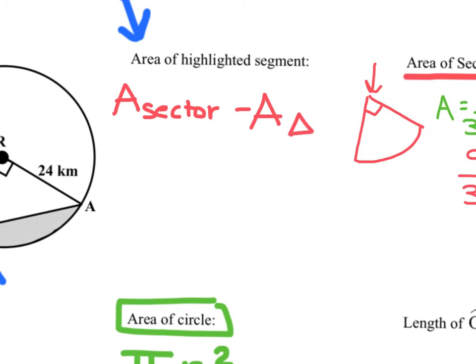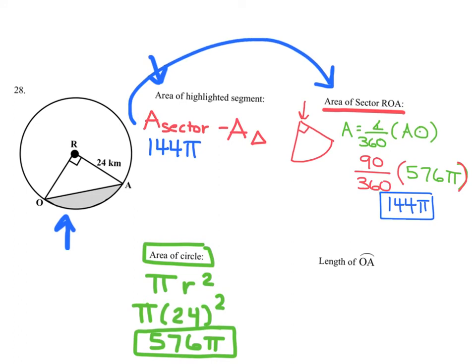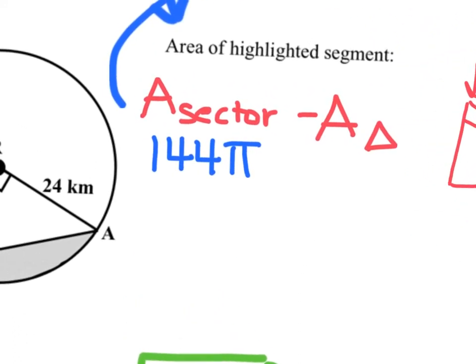Okay. Well, the area of the sector, that's angle over 360 times the area. We already found that. We found that it's 144 pi. That's not just coming out of nowhere, guys. We got that over here. Okay, so you would have to do that work if this was a completely separate problem.